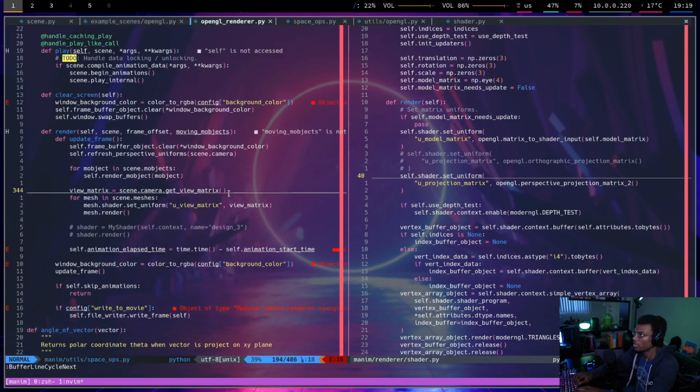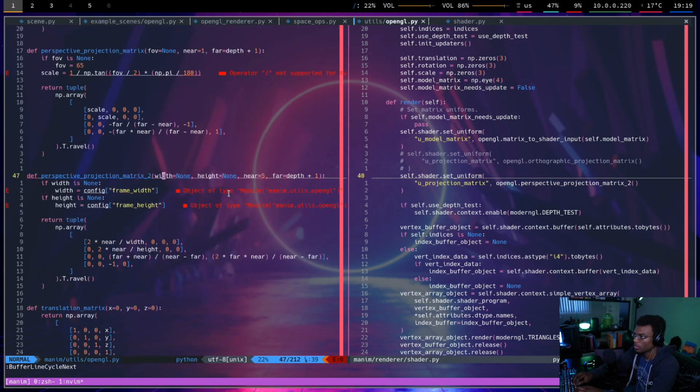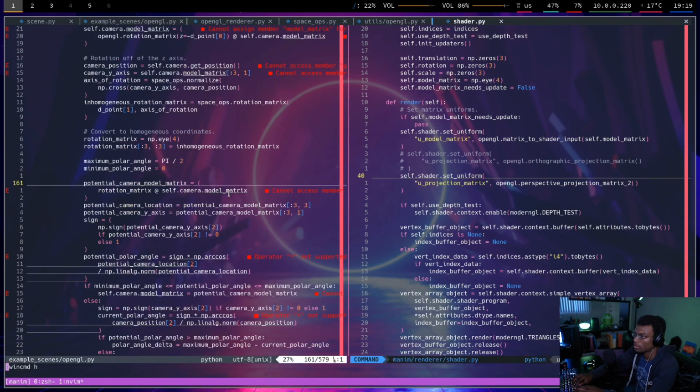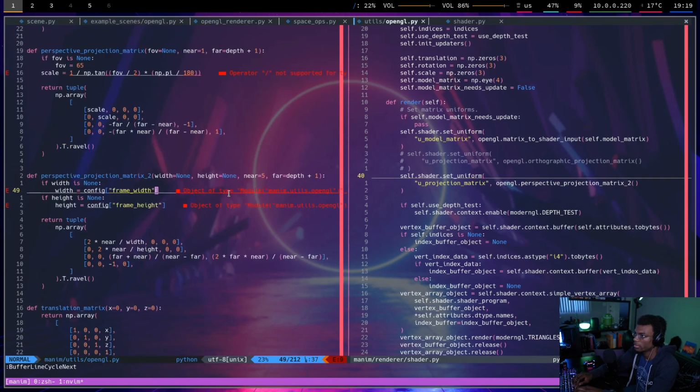But it did look a little bit better when the near plane was 5 instead. I guess if it's 11 away, let me try making this 7 or something.